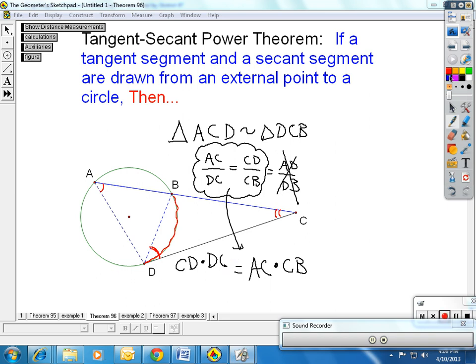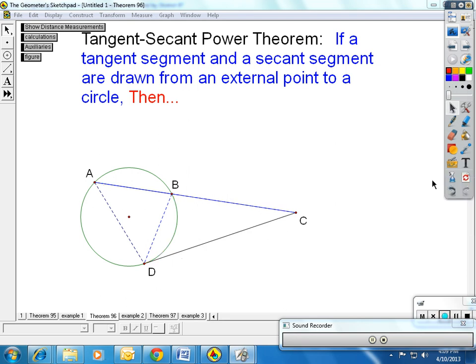Now, with a little bit of a closer eye, we see this. What is CD? CD times DC is the tangent guy squared. What is AC? AC is the secant distance. And what is CB? That is the external. That is a deductive proof for this theorem. Again, if I'm moving too fast, always pause and rewind. Let's look at an example.